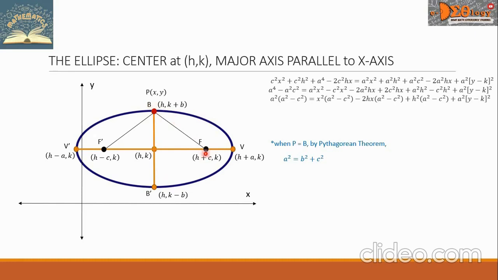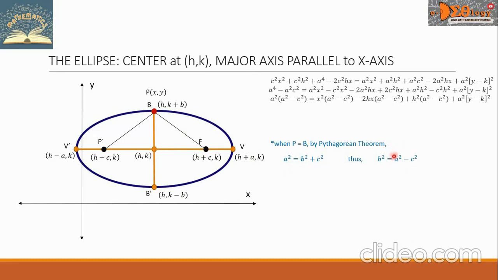We can deduce also that this hypotenuse here is equal to A. This side here is B, and the side here is equal to C. So we can write the Pythagorean relation as A squared equals B squared plus C squared. We can rearrange this equation into B squared equals A squared minus C squared.